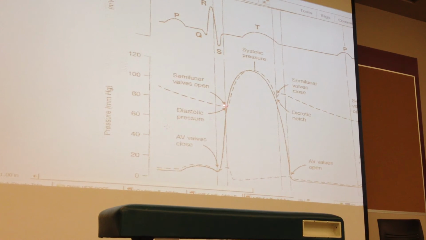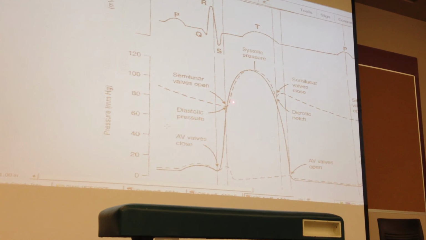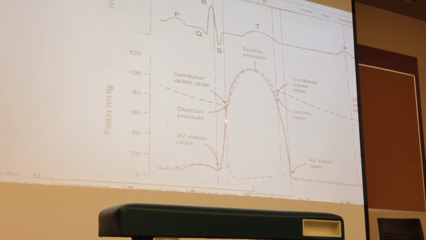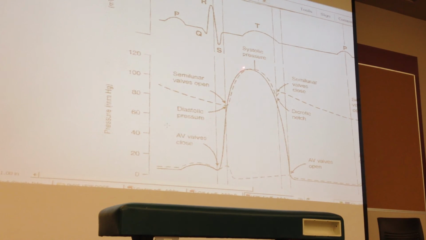Once the pressure of the blood inside the ventricle exceeds the pressure of blood in the aorta, the aortic valve will open. Got it? The aortic valve opens. Once it opens, the ventricle continues to contract, and the blood is ejected into the aorta.